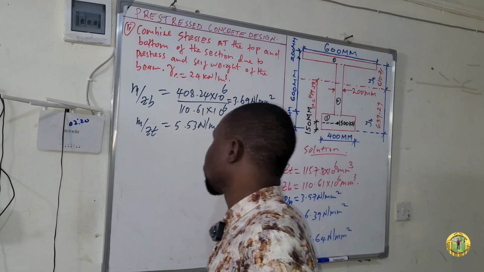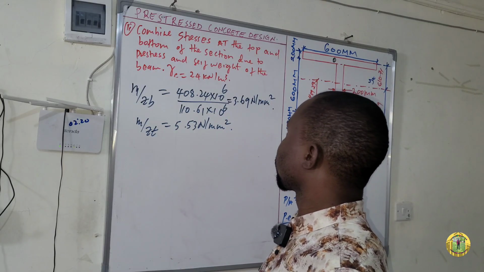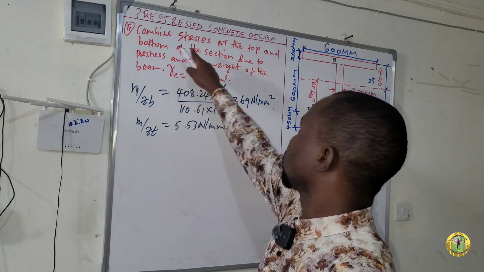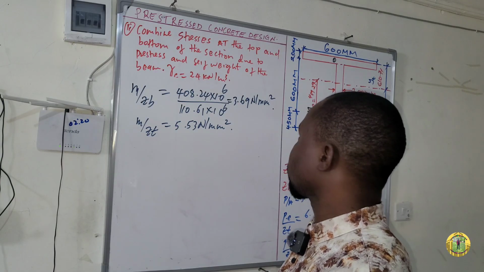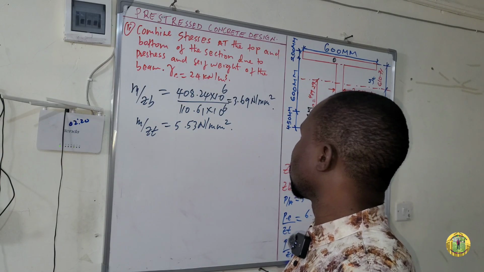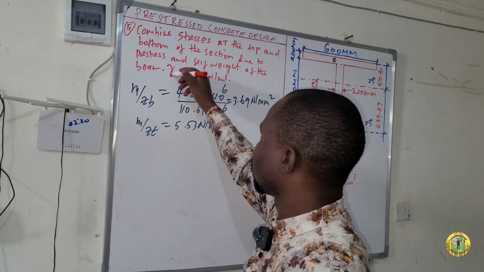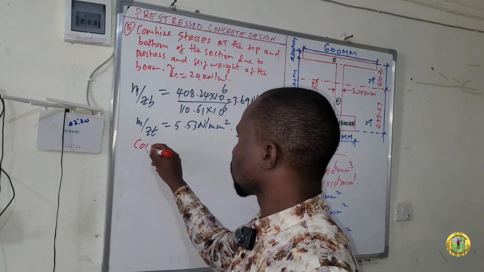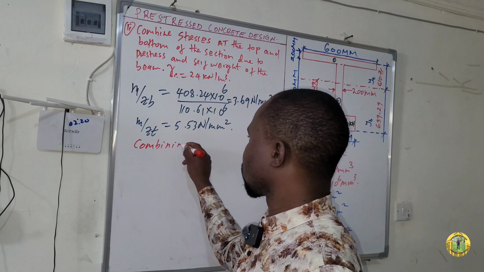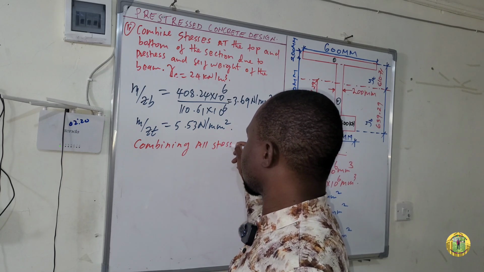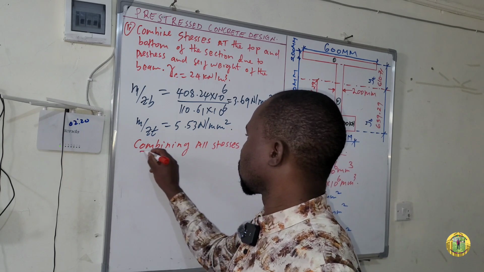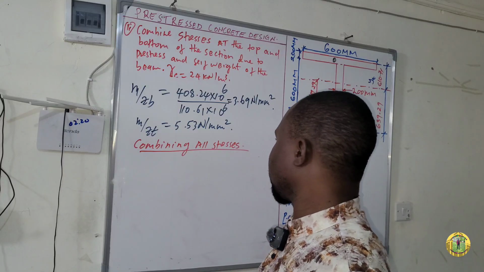Now combining the three, because you have been told to combine stresses at the top and bottom of the section due to pre-stress and self-weight of the beam. Now combining all stresses, we will begin with the top.